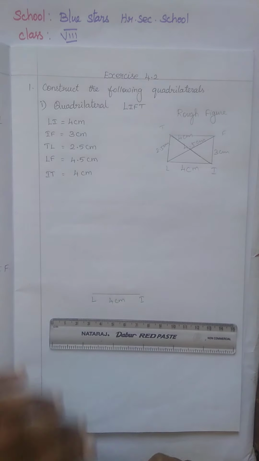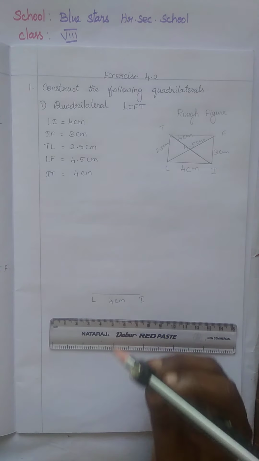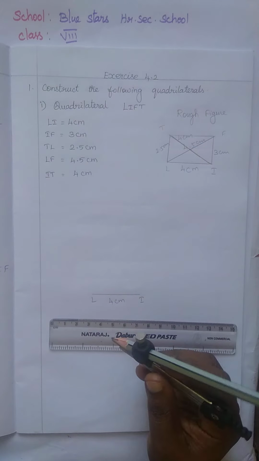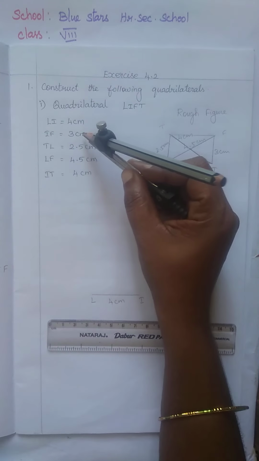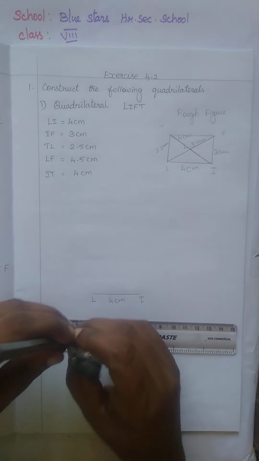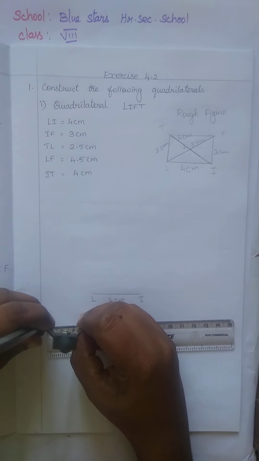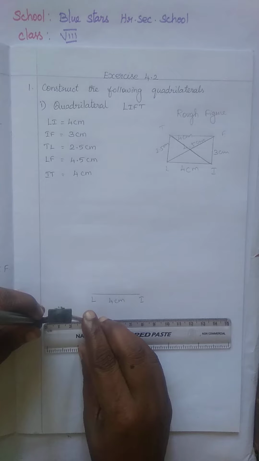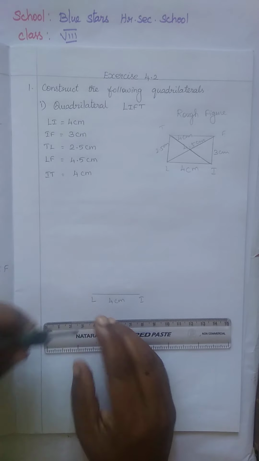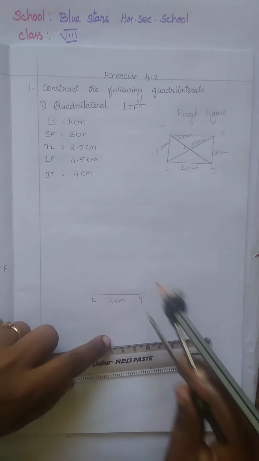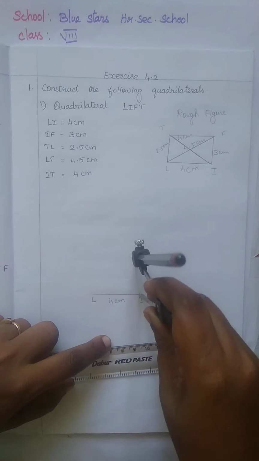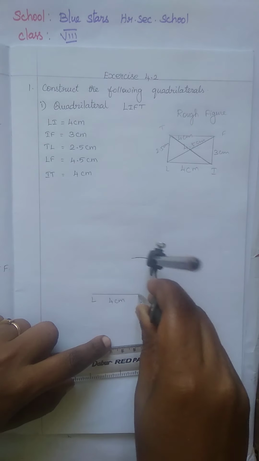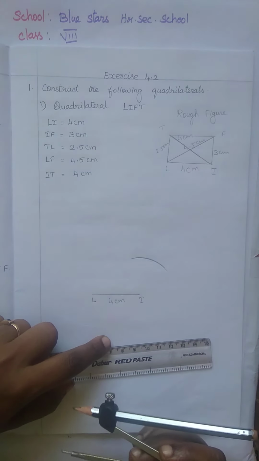Take 3 centimeter in your compass, since IF is 3 centimeter, and draw the arc.